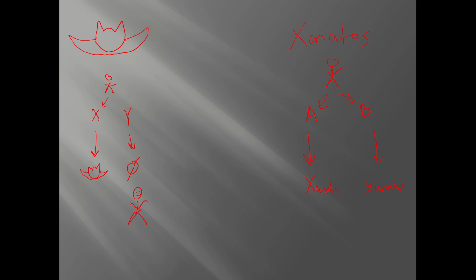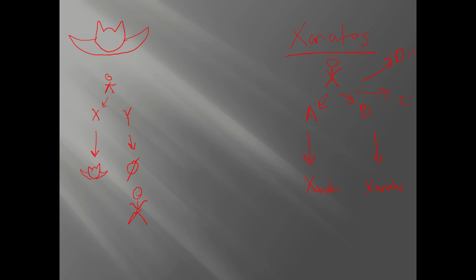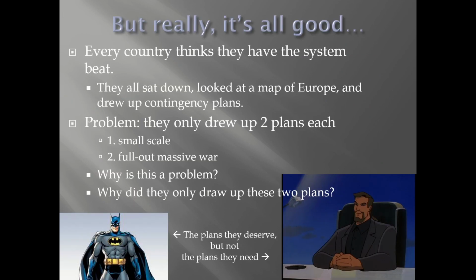With Xanatos, you have lost the game as soon as you've started playing it. What the Europeans need are plans like Xanatos. They need multiple options so that no matter what happens, they've got somebody ready to be there. But what they have is this, okay? So that's the state of affairs.